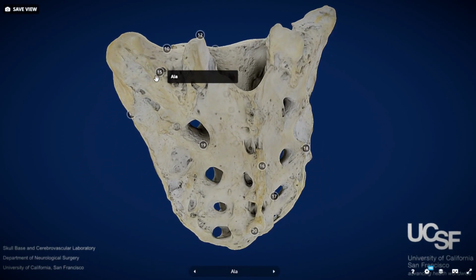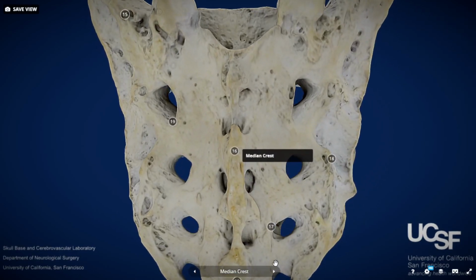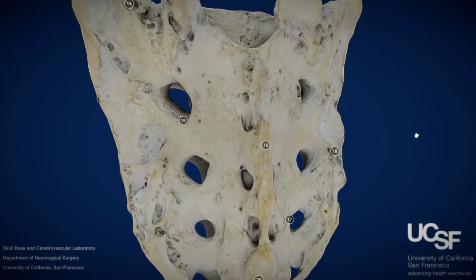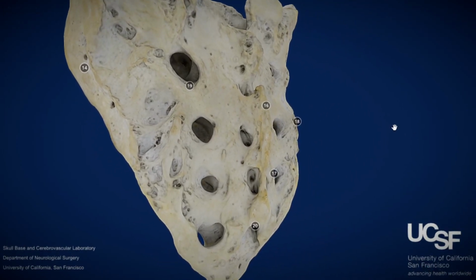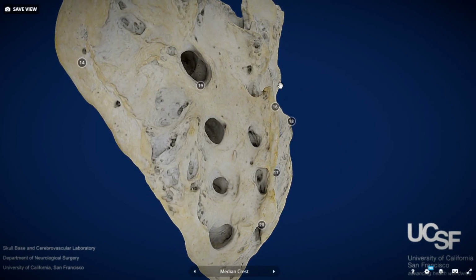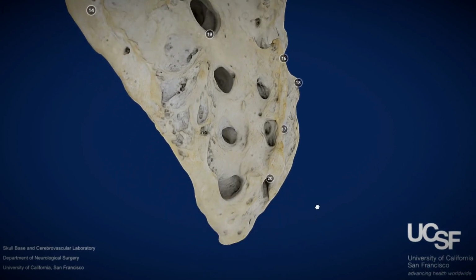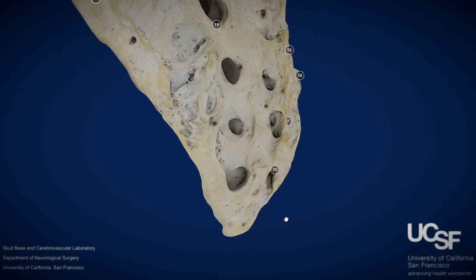Again, the ala and a median crest. The median crests are the remnants of the spinous processes, in this case from S2 to S4, with S5 not having a median crest.